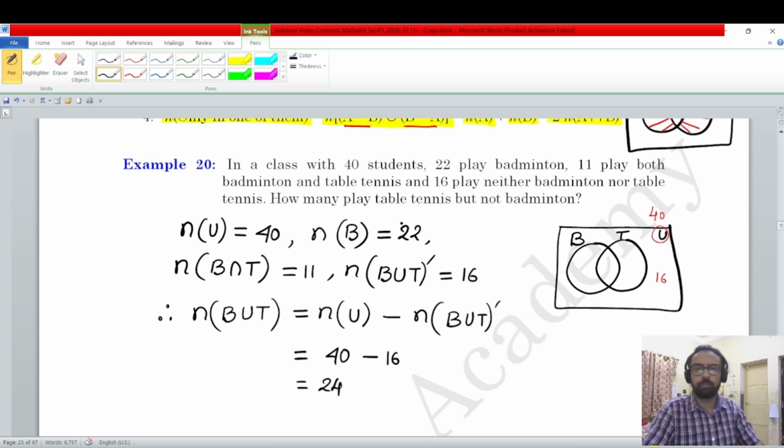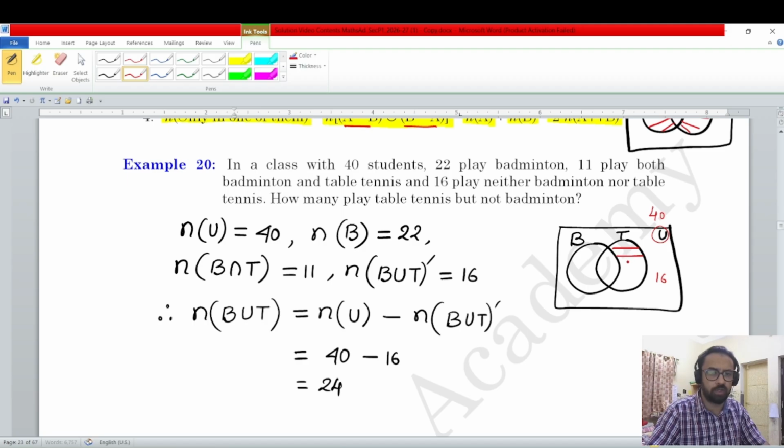How many play table tennis but not badminton? So we need to find out this portion. How many play table tennis? We need to find this area.